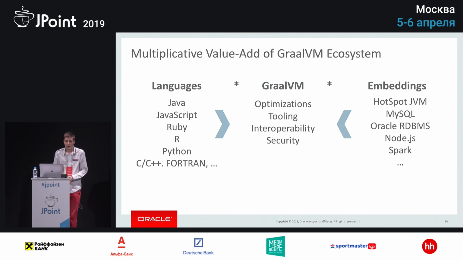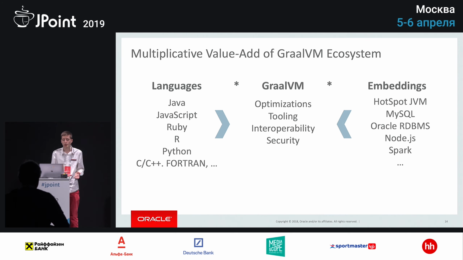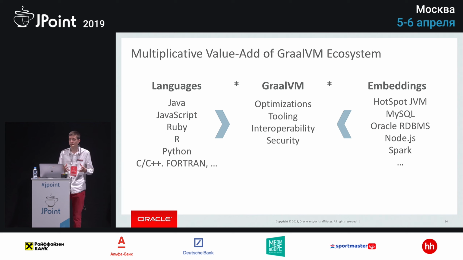Generally, GraalVM sees itself as a sort of multiplicative value-add ecosystem, where you have language implementations on GraalVM. Some are provided by the GraalVM core team, but you also have language implementations by third parties who are currently testing whether their own domain-specific language could run better on GraalVM. And on the right, you have the embeddings of GraalVM.